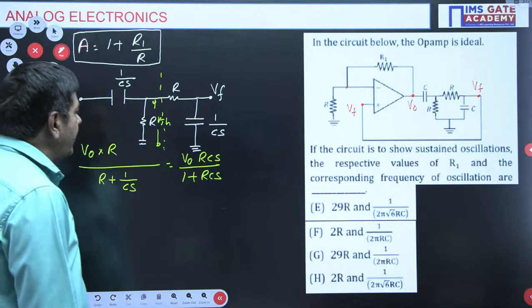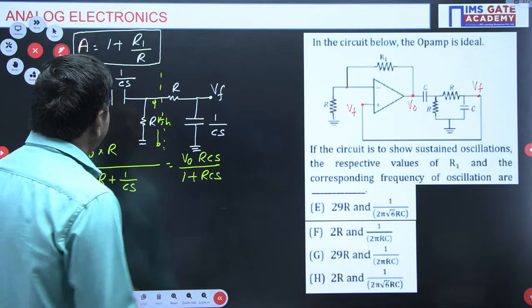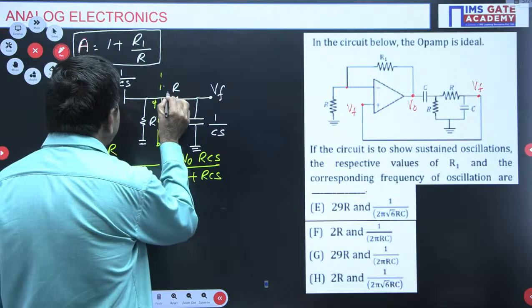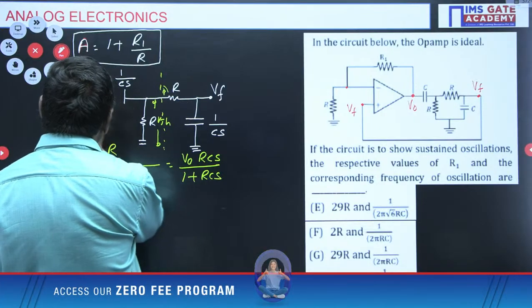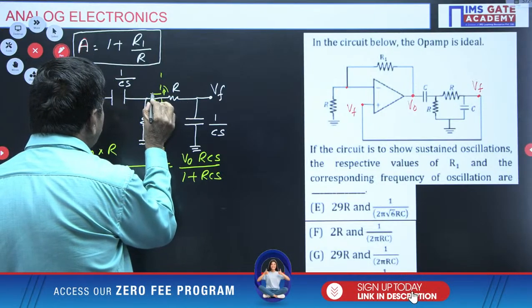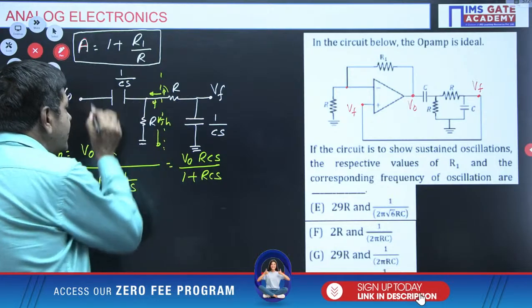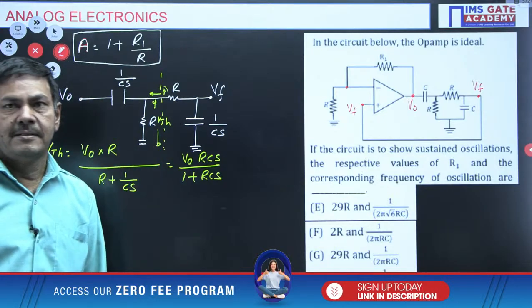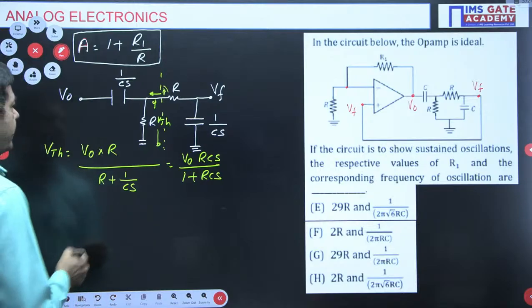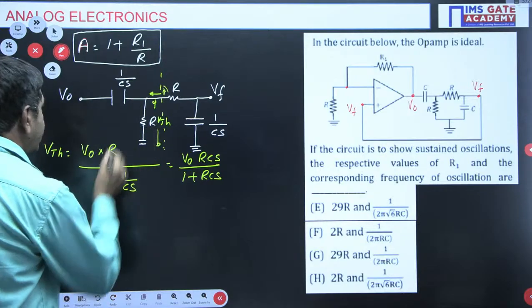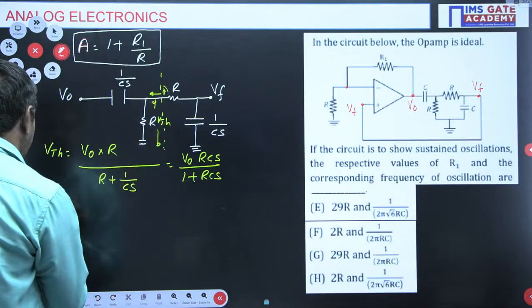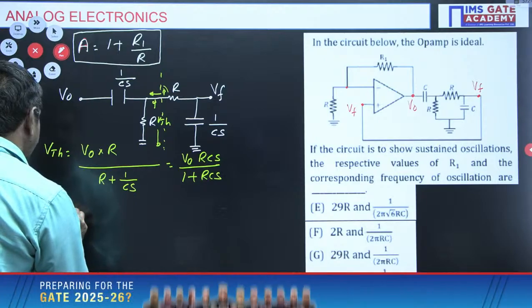And also, I want to find RTH for this network. When the view is made from here, short circuit the voltage source and make the view from this side. R and 1 by CS are in parallel. Apply the parallel condition and get the ZTH. ZTH or RTH, either one we can write.